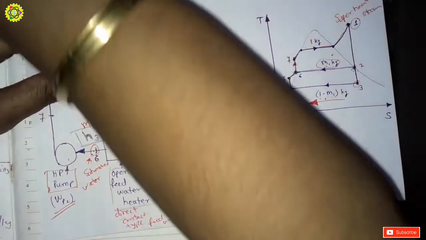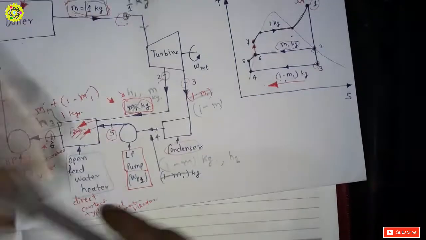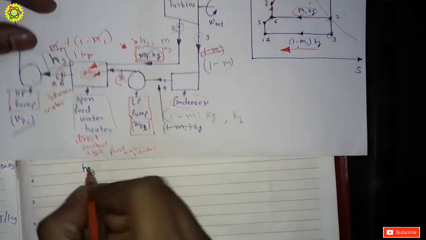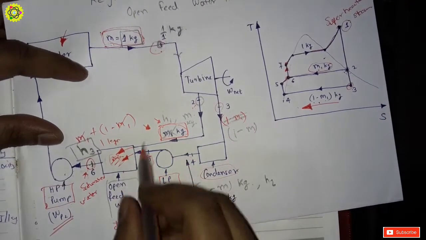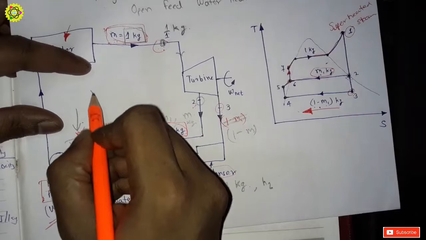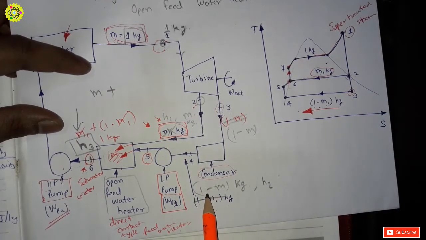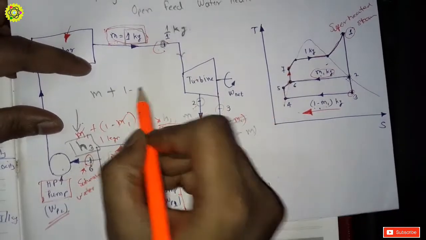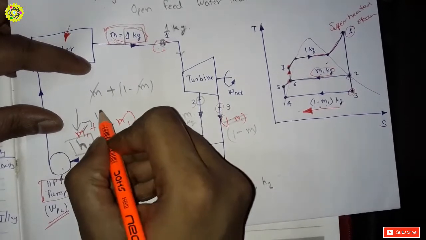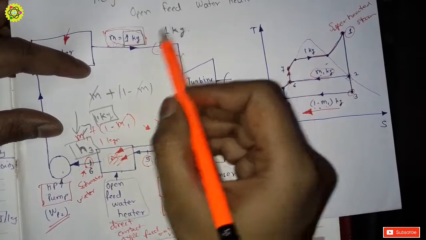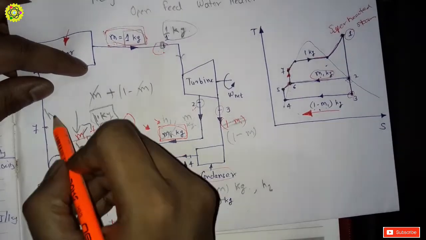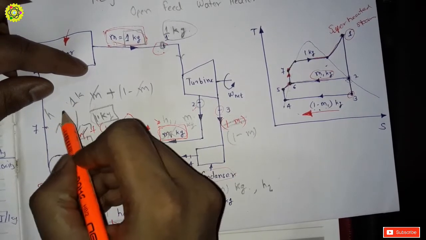Now we have to find H3. At this point there is a mixing of m and the mass 1 minus m, so we are left with 1 kg again, with enthalpy H3.